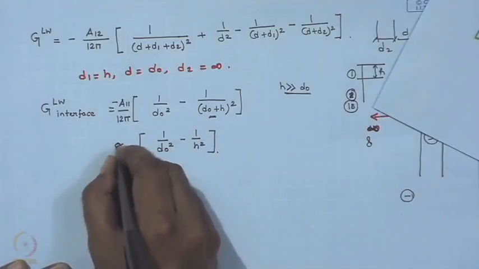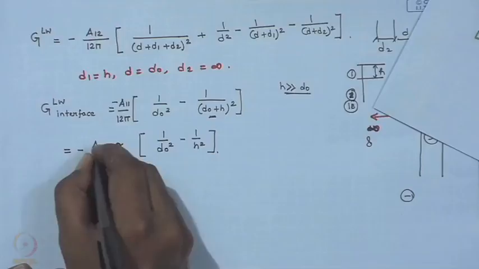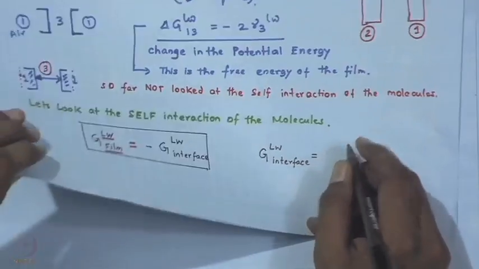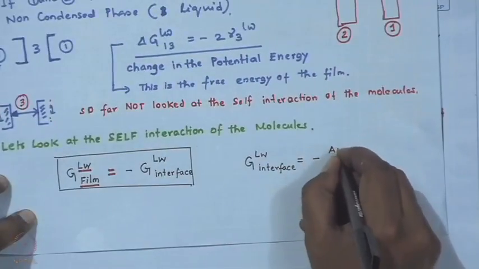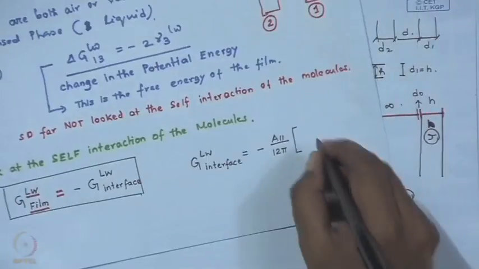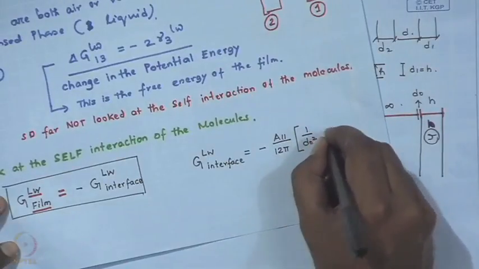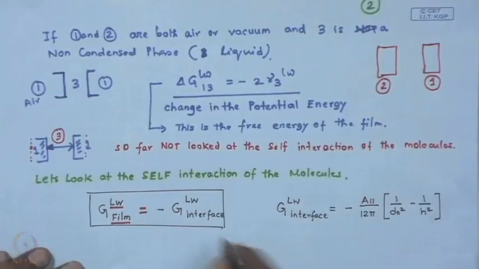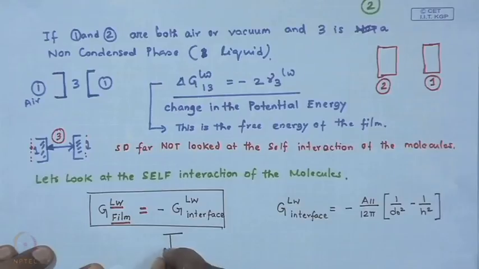So, we now have an expression for the GLW at the interface, which is minus A11 divided by 12 pi multiplied by 1 by d 0 square minus 1 by h square for a geometry like this.